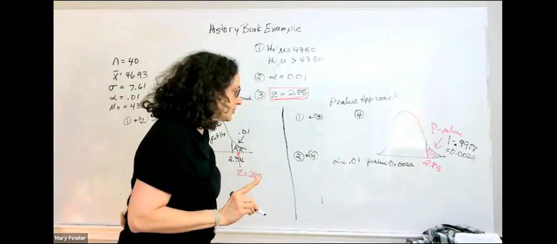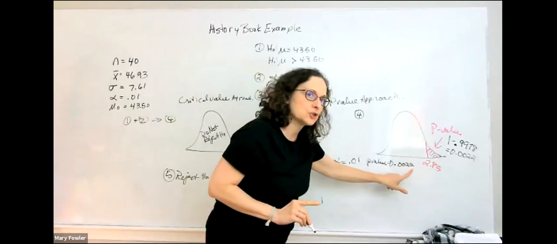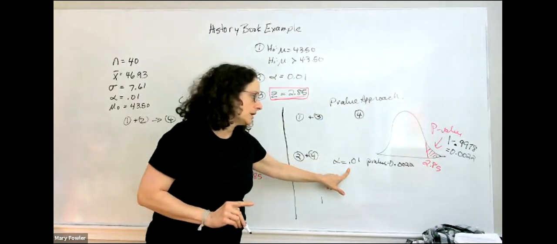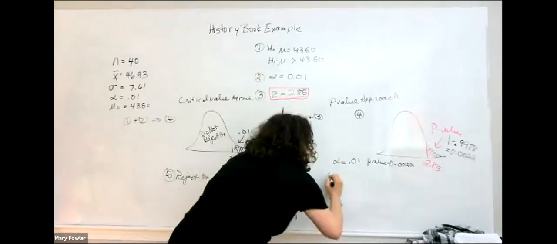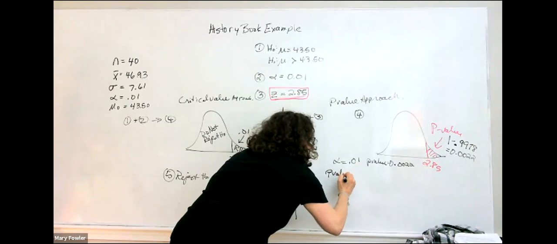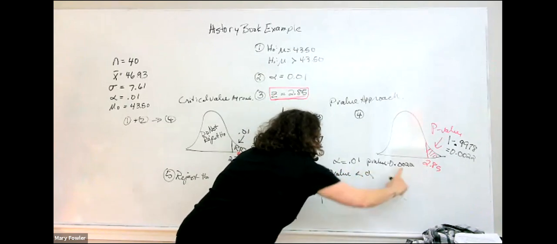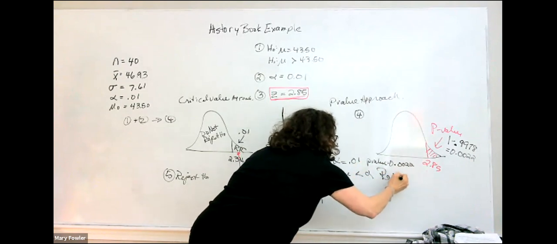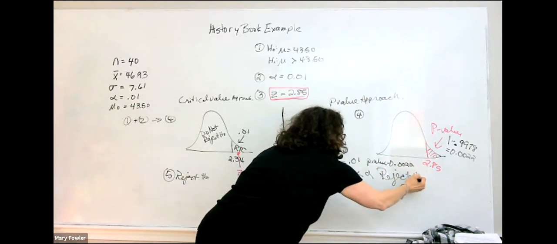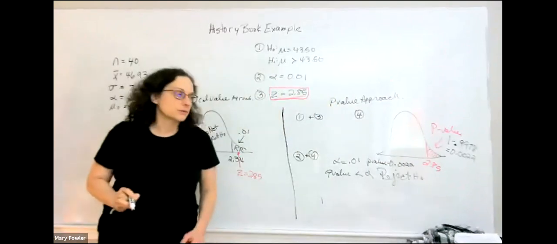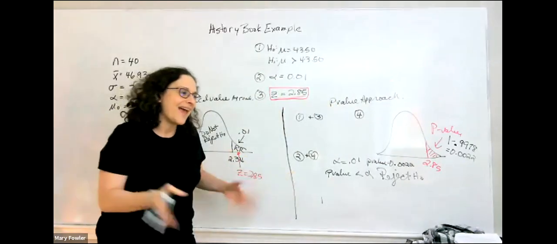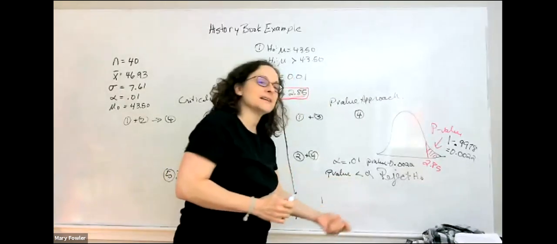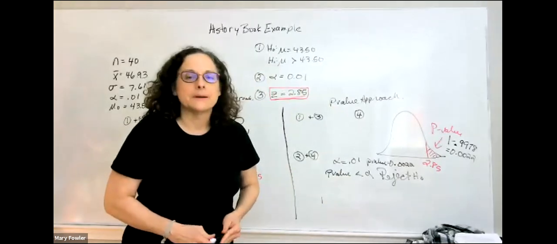We only reject when the p-value is small as compared to the alpha value. So in this case, because the p-value is less than alpha, the decision is to reject the null hypothesis. If the p-value was not less, then we would not reject.